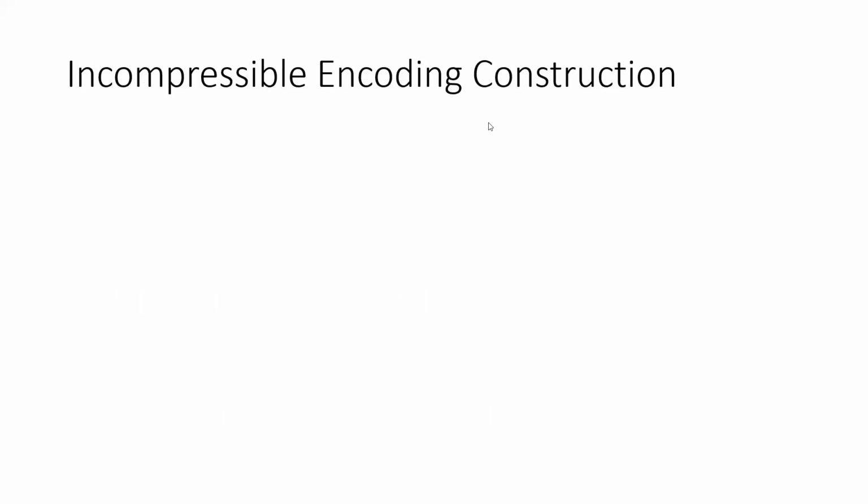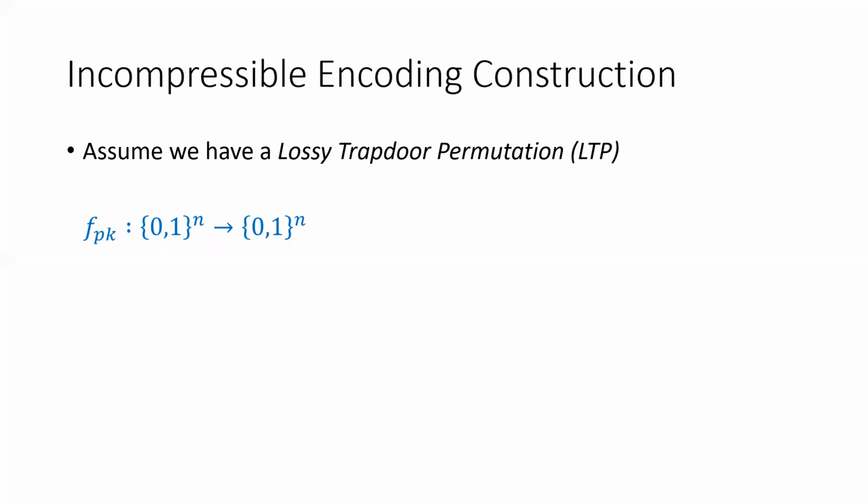So let me now show you the construction. It's actually quite simple. I'll give you the construction and the proof, and then I'll get to the applications. Okay, so I'll give you a slightly simplified construction that assumes that we have a really nice object called the Lossy trapdoor permutation.